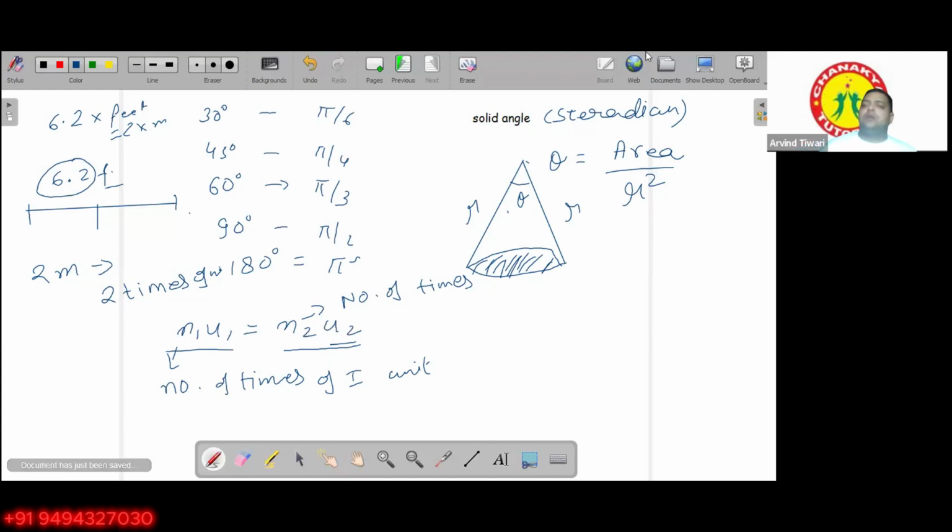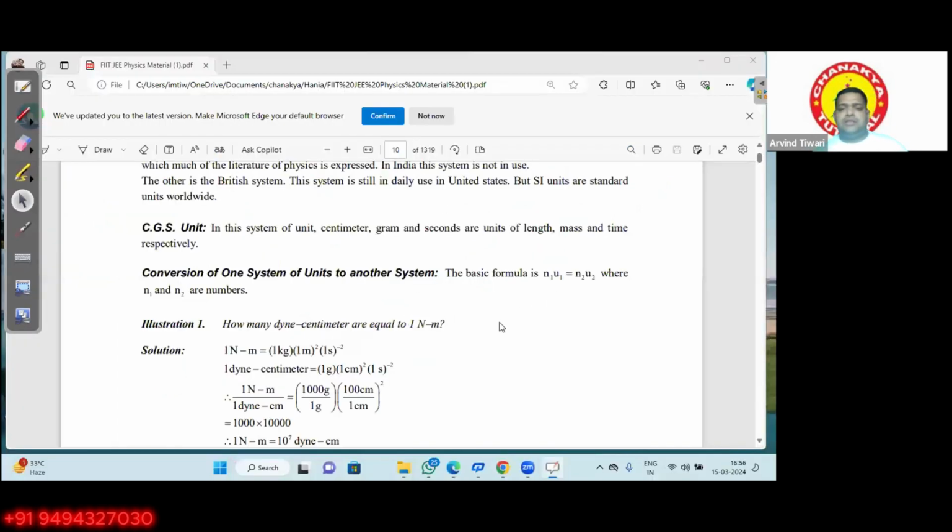So let us try to convert with one of the examples, and let's see if you are able to convert this. Here you are given a question. You can observe: how many dyne centimeter are equal to 1 Newton meter. So you have to find out how many dyne centimeter are equal to 1 Newton meter.